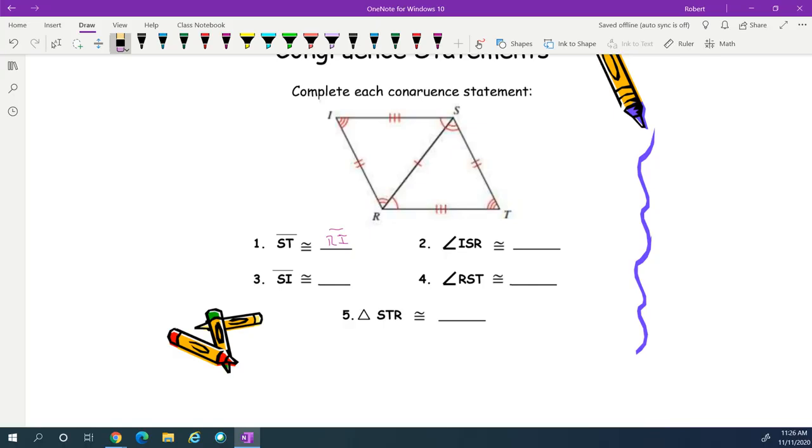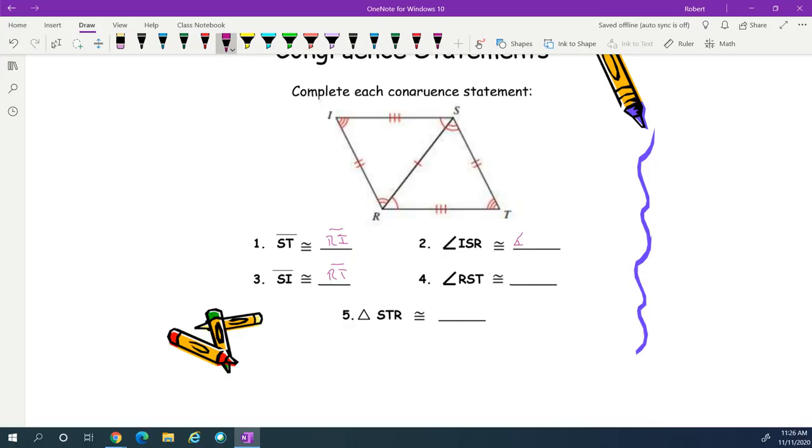SI. We're going to match that with RT. SI goes 1, 3. We're going to match that with 1, 3. ISR, angle ISR, angle to angle. So fill that in right away. You can't compare apples to oranges. You can't compare segments to angles or angles to triangles.